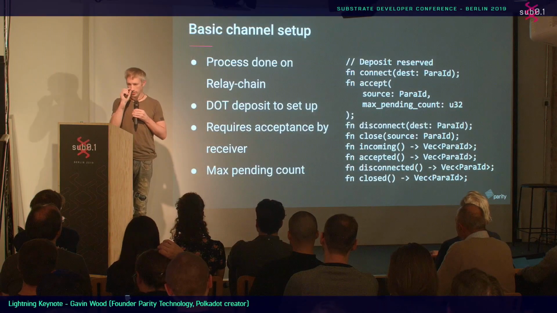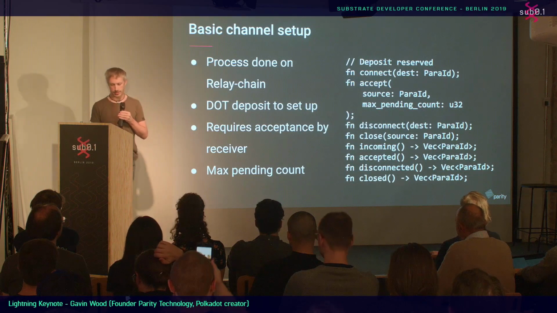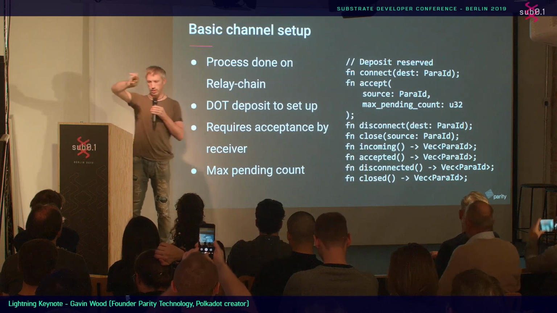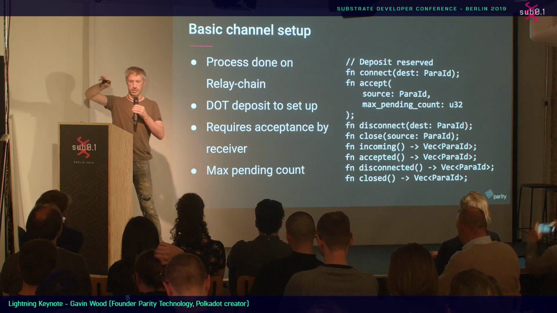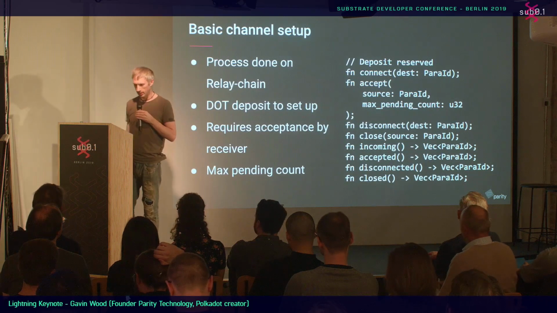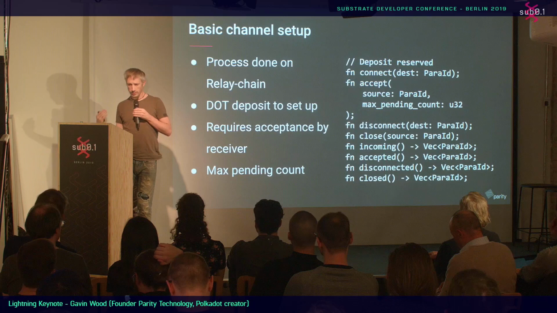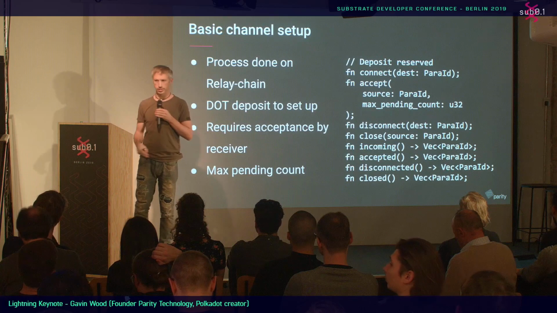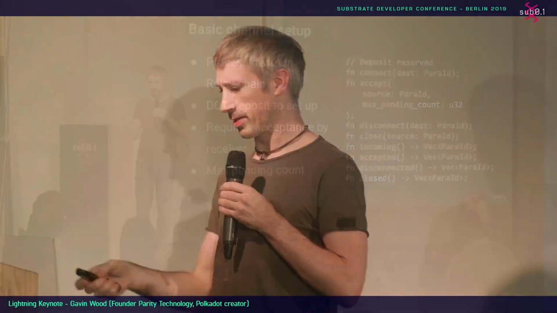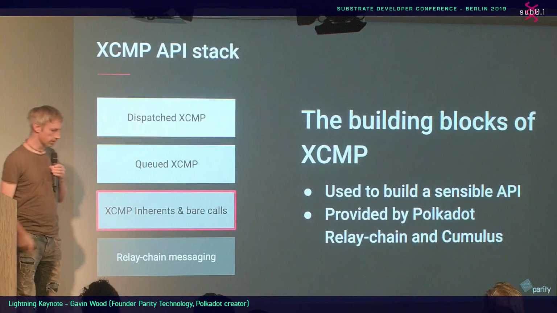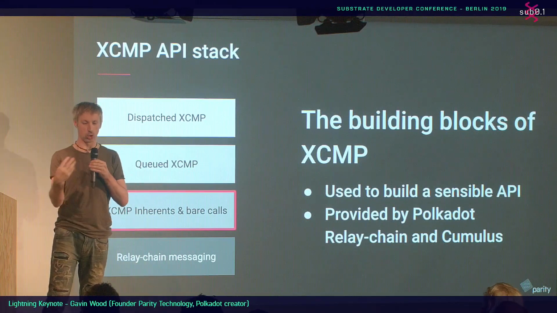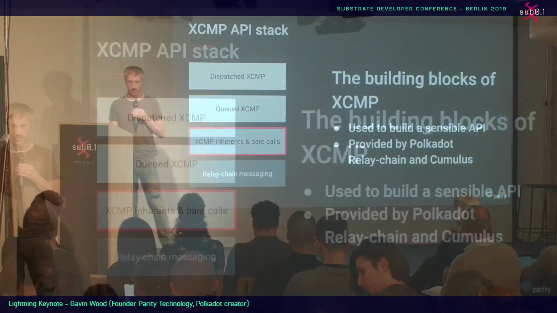So the first thing is channel setup. There's an API for this, and it's done in terms of a relay chain runtime module, a relay chain pallet. There'll be a DOT deposit to set it up. We're going to assume for now that the messages are coming from parachain origins. So there's already part of the thing that we delivered with the relay chain messaging: this notion of being able to have a call be enacted on the relay chain from a particular origin.